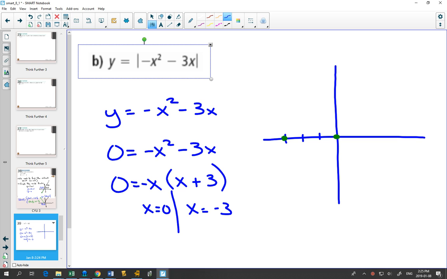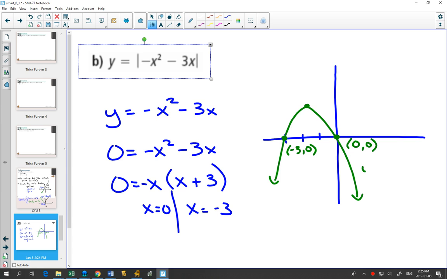Where's your vertex going to be? At negative 1.5 comma something. Which way is this parabola going? Down. So I know that my vertex is somewhere here. I don't know exactly where it is, and I'm okay with that right now. I have an x-intercept here at negative 3, 0, another x-intercept here at 0, 0.